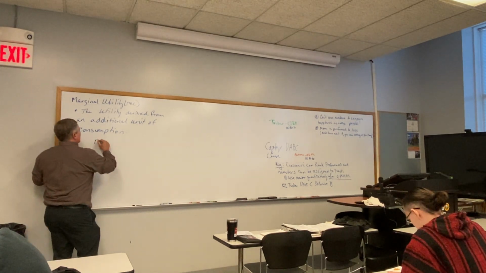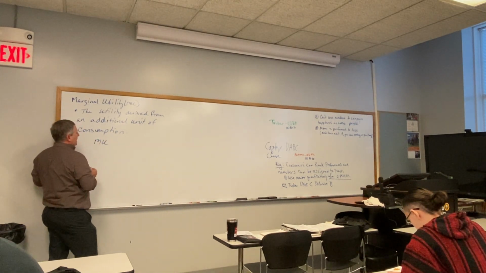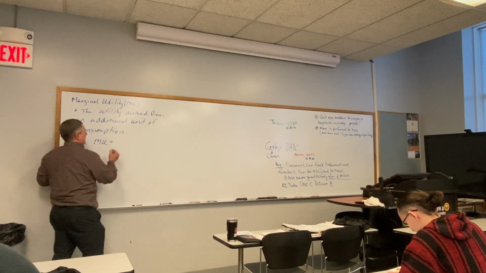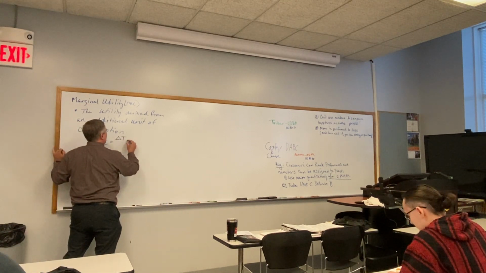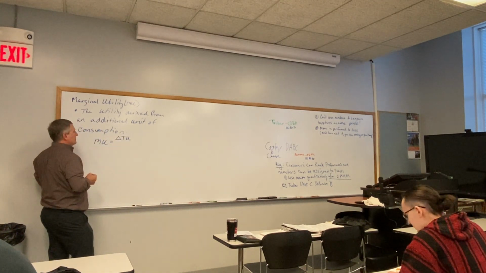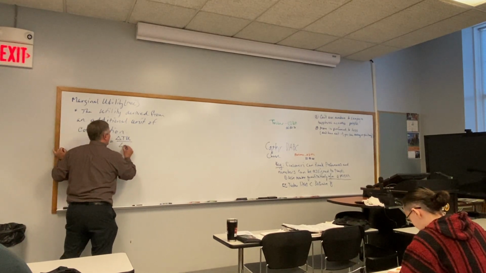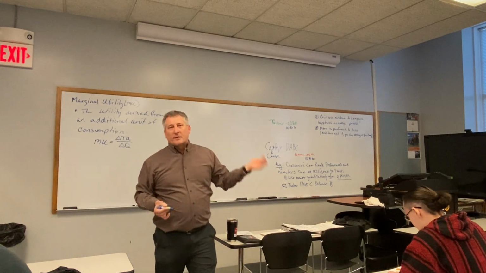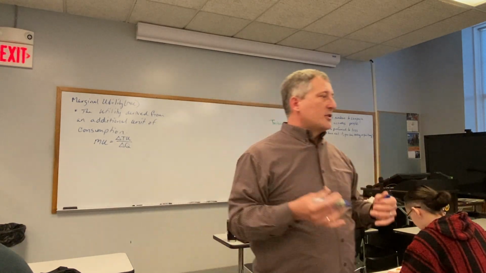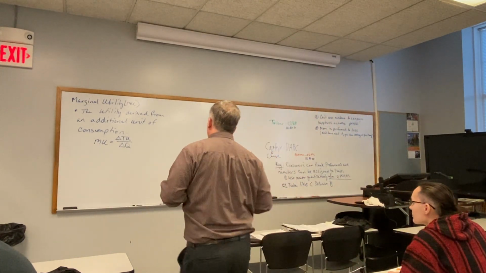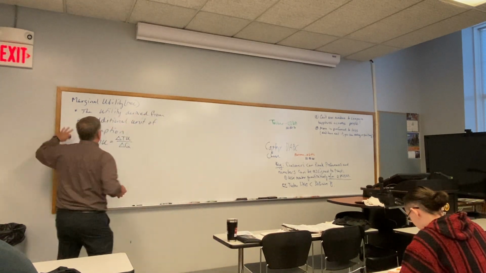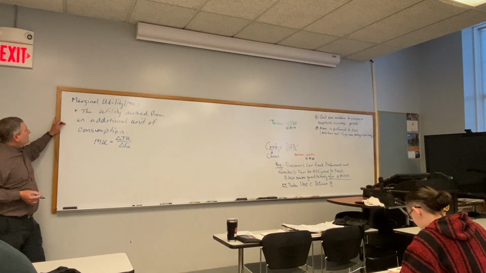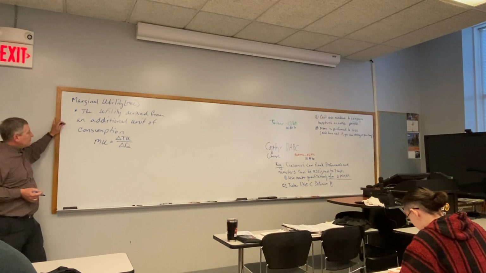So from a formula standpoint, the marginal utility is equal to the change in total utility from another gulp, from another slice of pizza, from another cookie, whatever we're consuming. It's the change in an additional unit when we use the word marginal.